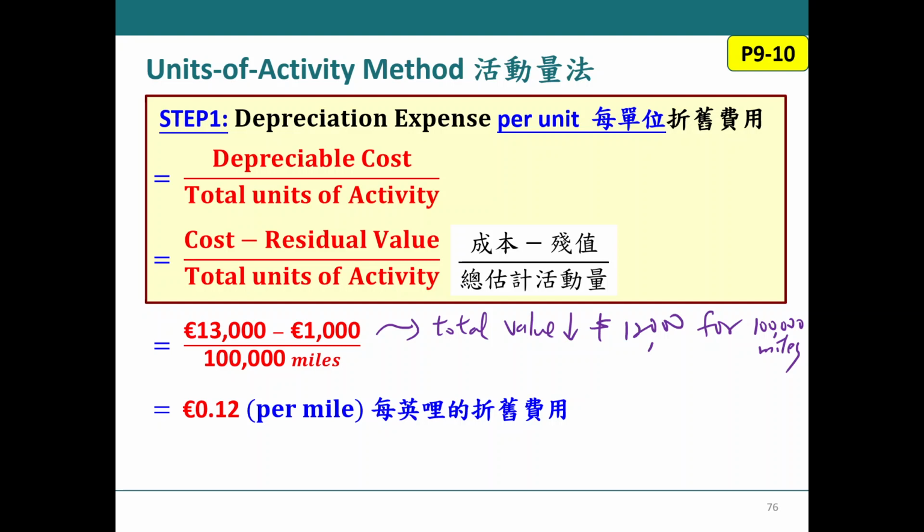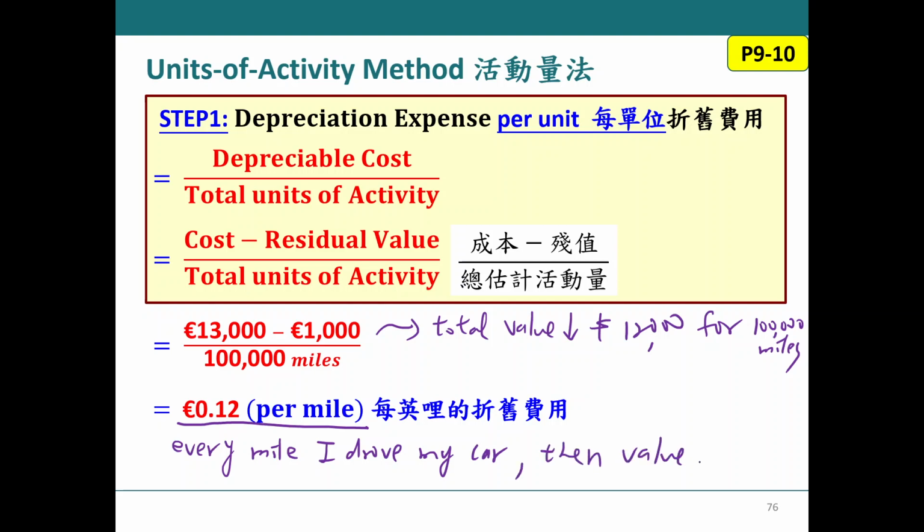What does it mean? You got this number. What does it mean? Every mile I drove my car, the value of the car decreases $0.12.